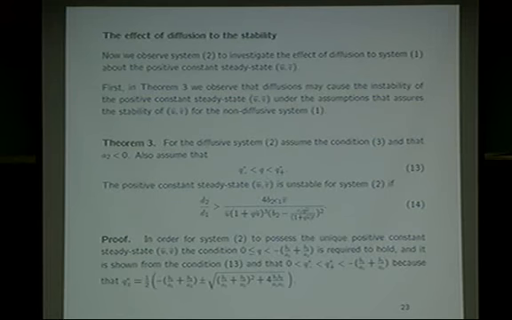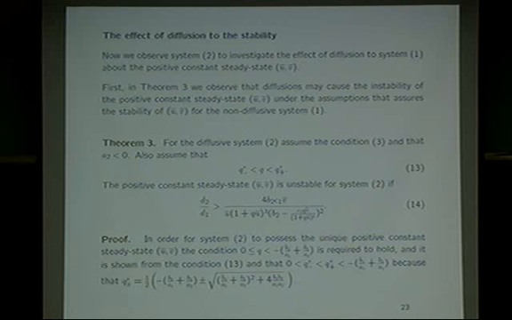And now let's talk about the diffusive case, the effects of diffusion on the stability. Here we obtained the conditions for the non-diffusive system to have positive constant steady states and the conditions for the Hopf type bifurcation.